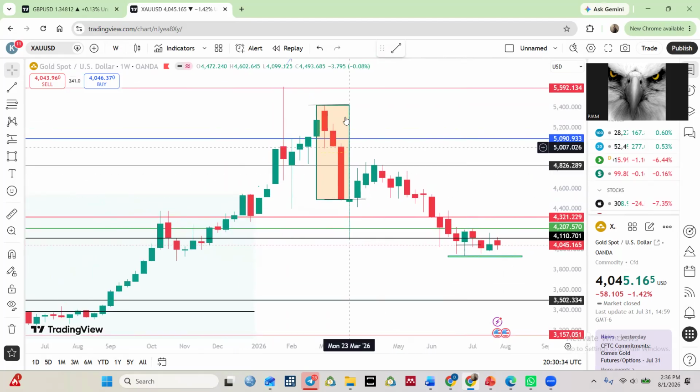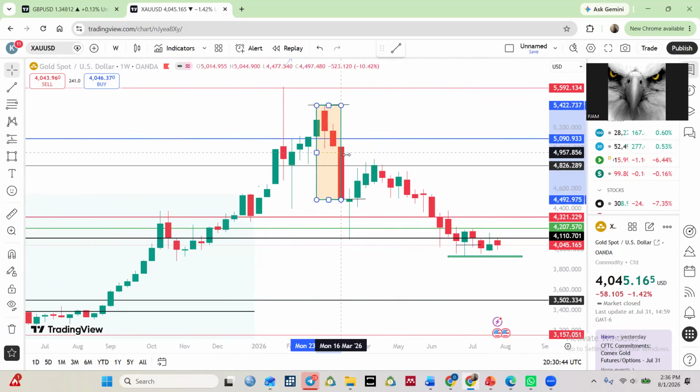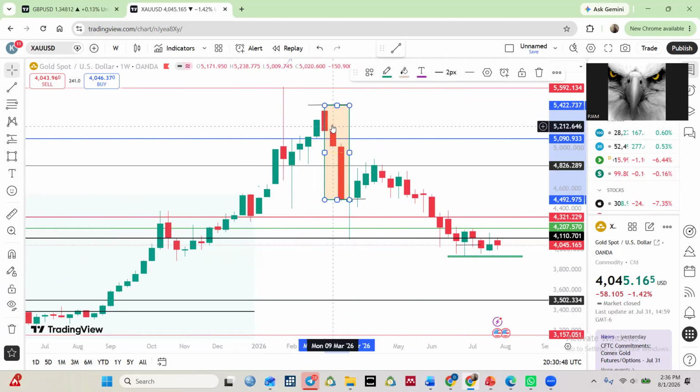Yeah. So you see the importance of the weekly, the higher time frame. Once you understand that sellers have come into the market real strong, then there is a higher chance that the sellers will continue to take charge for a little bit more before price maybe will start going up or something like that.